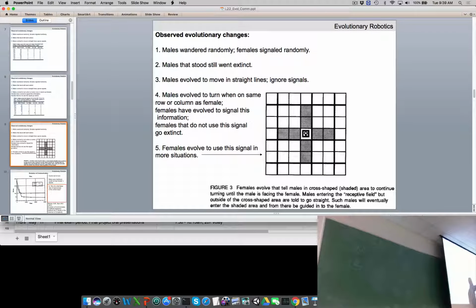Eventually, the females evolved to emit the signal in more and more of these shaded regions, which would mean in essence that she'd be able to capture more males that are entering her territory from different locations and moving through the territory on different headings.